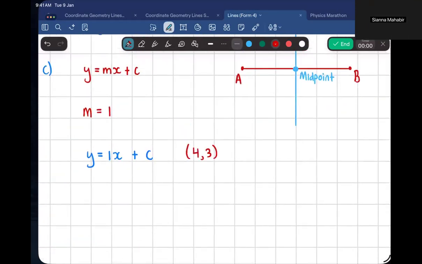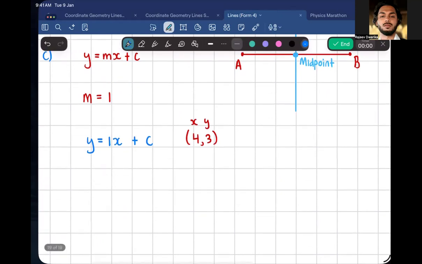So if the midpoint is 4, 3, that would mean that x is 4 and y is 3. Right. And so what I'm going to do now is a substitution so that c will be the only unknown. So tell me what to plug in. Put 3.